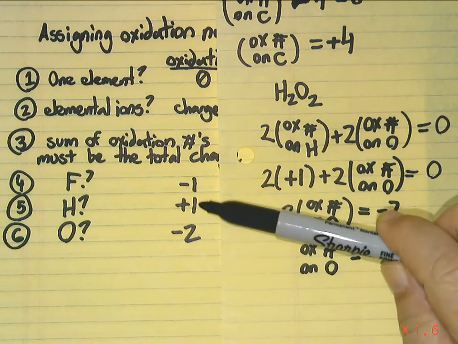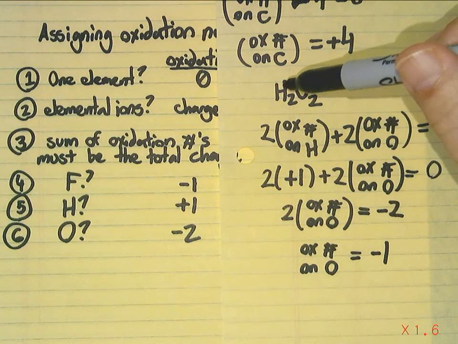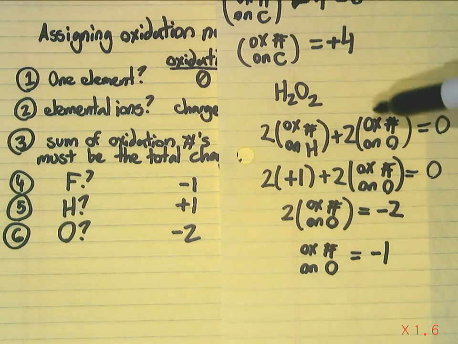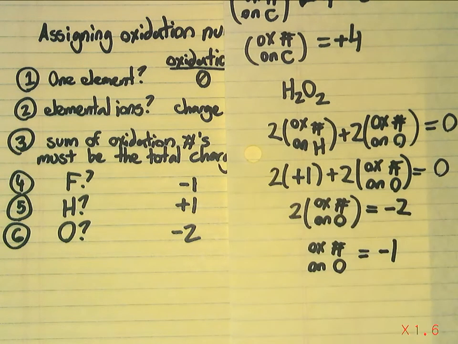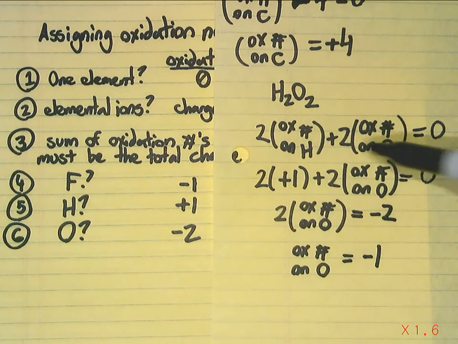Notice that I stopped at rule 5. I didn't go down to rule 6 to assign it on the oxygen. What would have happened if I had done that? I'd have it wrong. I would have put 2 +1s on the hydrogens and 2 -2s on the oxygen. Here's how I can check to see that this is right. Rule 3 says that all the oxidation numbers have to add up to the total charge, which is what I wrote down there.